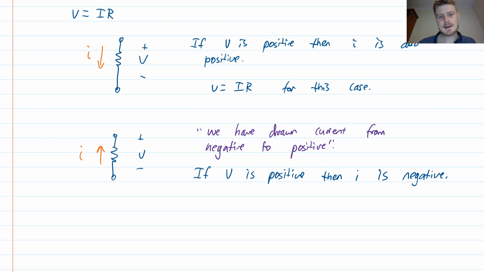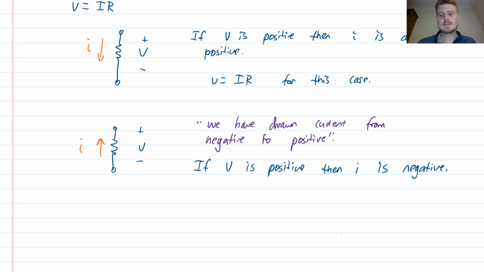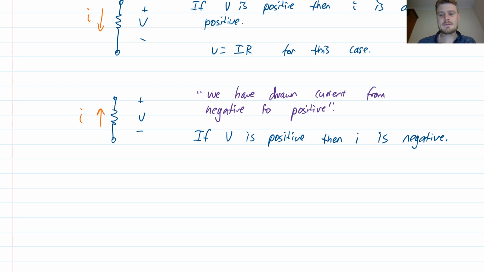Ohm's law says that V equals IR in the direction of normal conventional current flow. So the only way that this works is if the I value is negative.